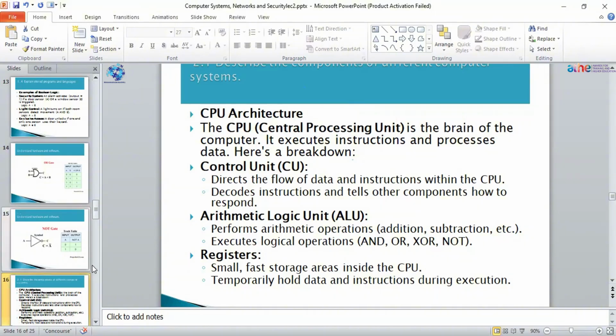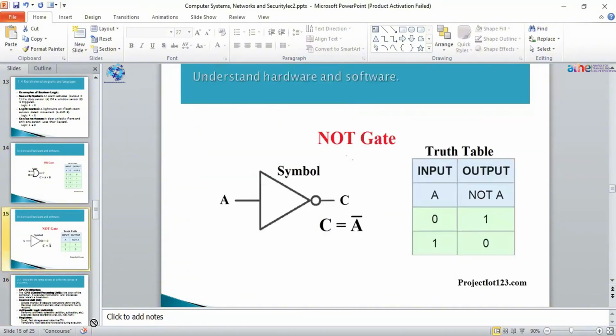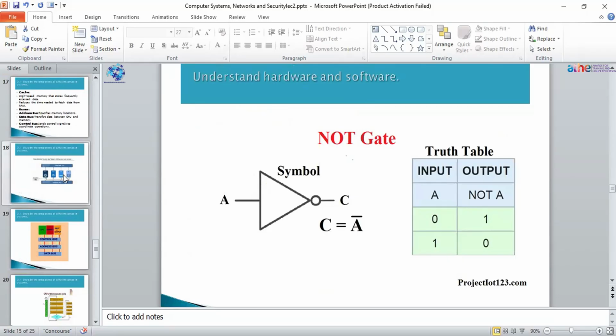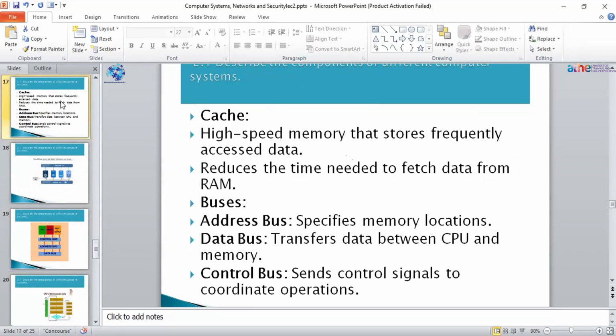How it is implemented and what the methodologies behind it are. Till now we have discussed the architecture of the CPU and the different gates. Now what we have to discuss here is the buses. In the CPU, we have three buses that are used to manage the flow.